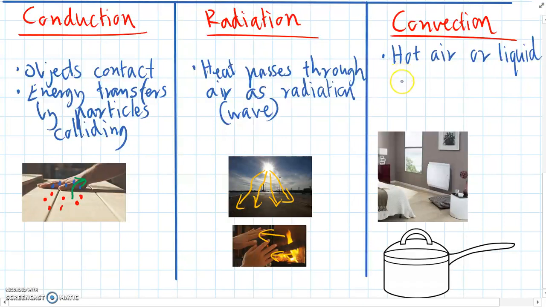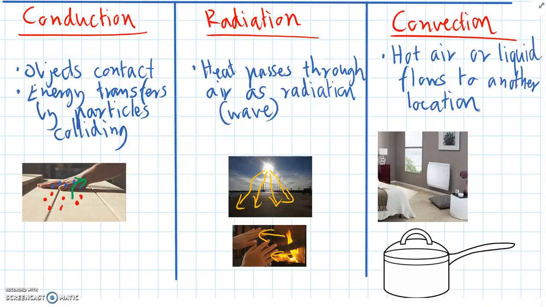So hot air or liquid flows to another location. This is why you want to keep the door closed in summer, so that hot wind doesn't blow inside and bring in extra heat through convection.